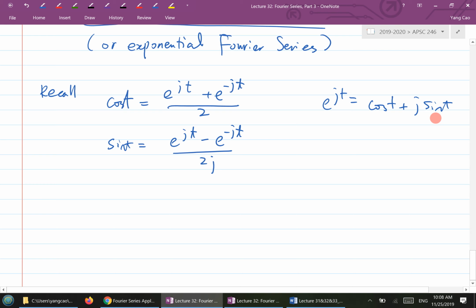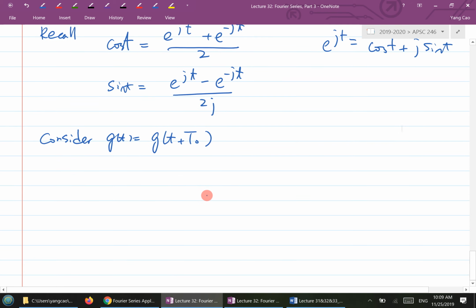Now I'm going to apply this Euler's formula to the Fourier series formula. Here's what we're going to do. Let's consider a periodic function g of t equal to g of t plus T naught.